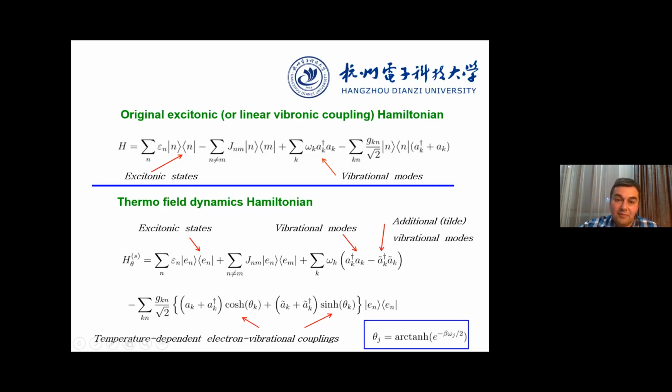If, however, we have a finite temperature, then these fictitious modes are responsible for this temperature effect. And the higher the temperature, the stronger the contribution of these fictitious modes to the dynamics.